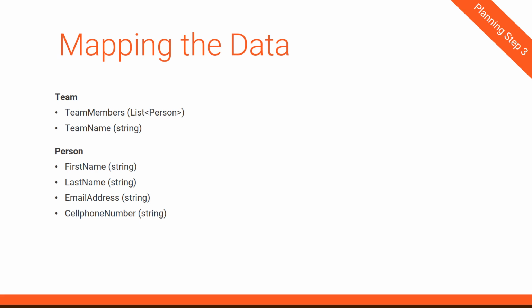Now, it's not a direct one-to-one matchup right now because, for example, cell phone number, I might change that to cell phone or phone number or something like that. But it's a pretty close matchup. Now, there may be other classes we create, but these are really our foundational classes on which the application gets built. These 2 plus the others we'll talk about in a minute.